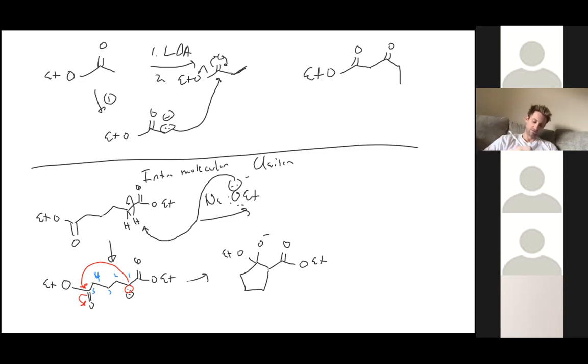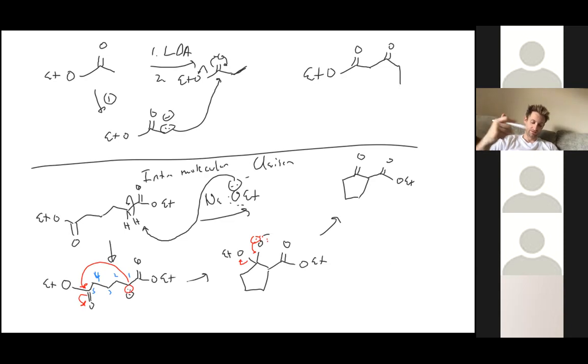Then our last step, we will eliminate this OEt from our ketoester to give us this product. Your ring size is always going to be essentially the difference between your 2 centers minus 1.